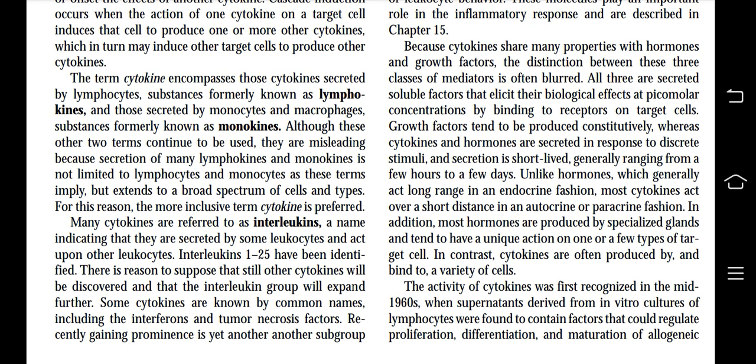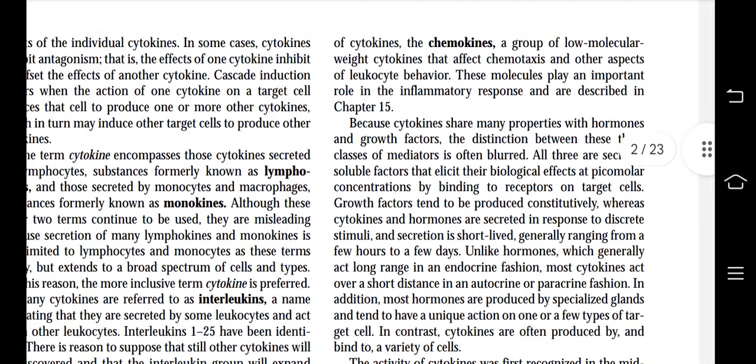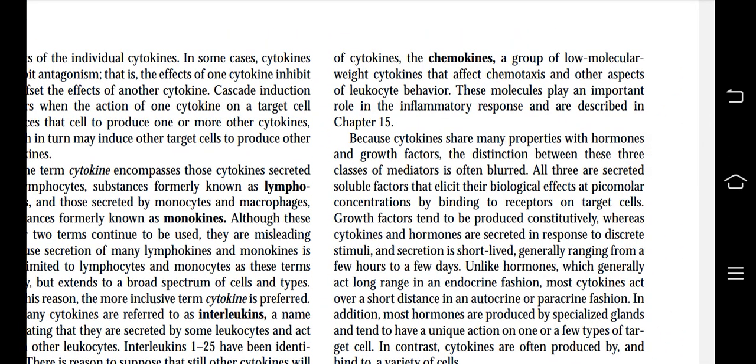Recently gaining prominence is yet another subgroup of cytokine, the chemokines, a group of low molecular weight cytokines that affect chemotaxis and other aspects of leukocyte behavior. These molecules play an important role in the inflammatory response and are described later.